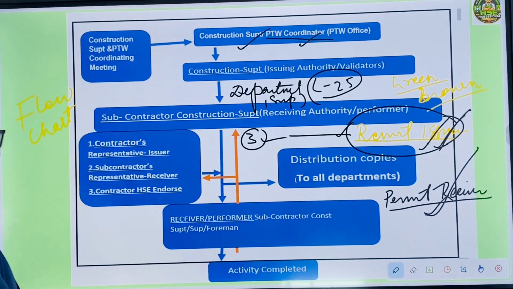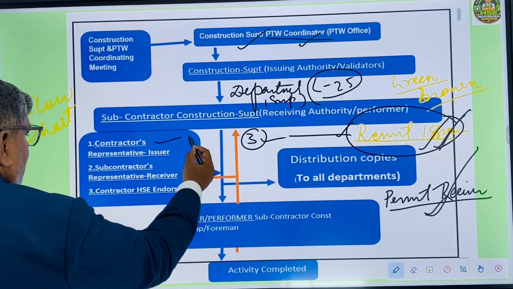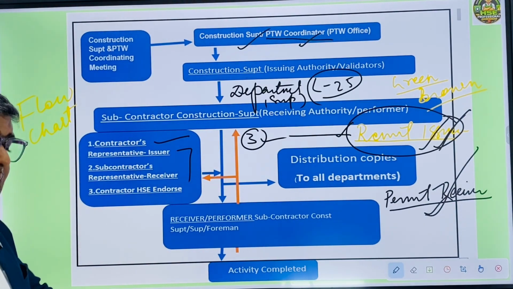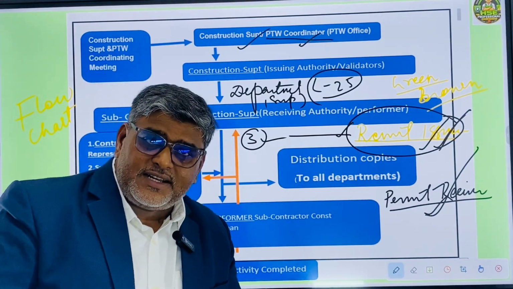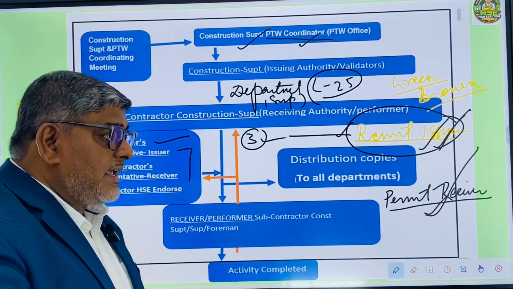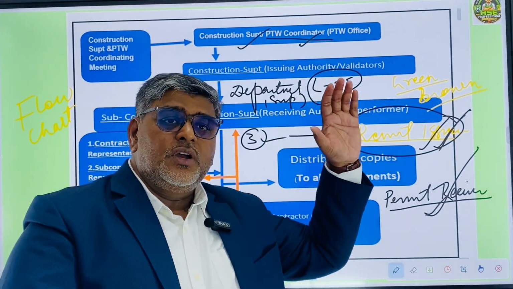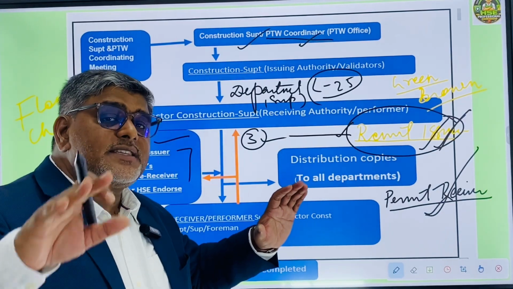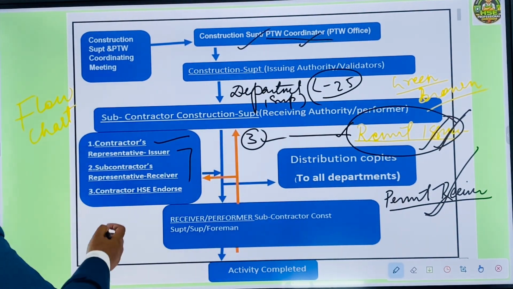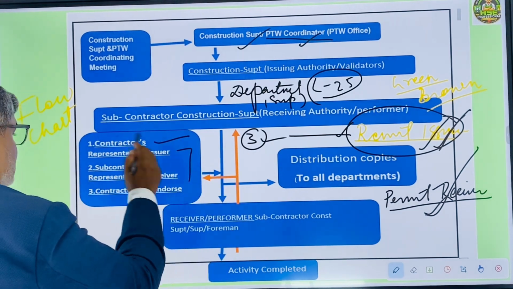So a permit can be issued by the contractor to a subcontractor. Sometimes the contractor is working by itself, then what to do? The contractor has to define a frame of who is going to be the issuing authority and who will be the receiving authority, and they will act accordingly. But if there is a subcontractor, then the contractor will issue the permit to the subcontractor.